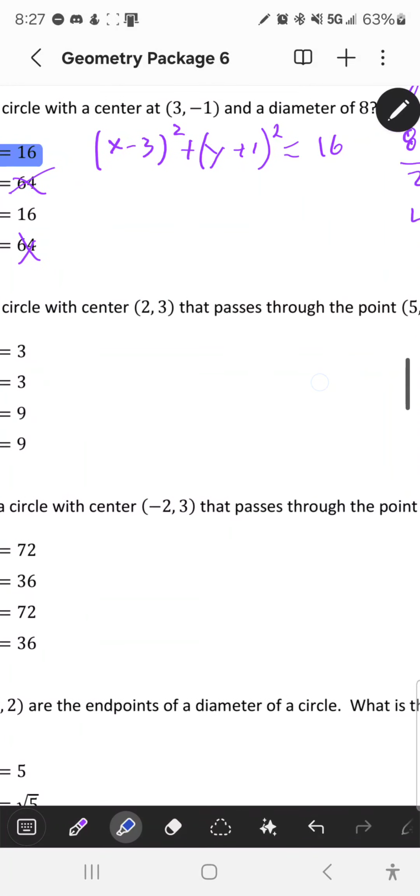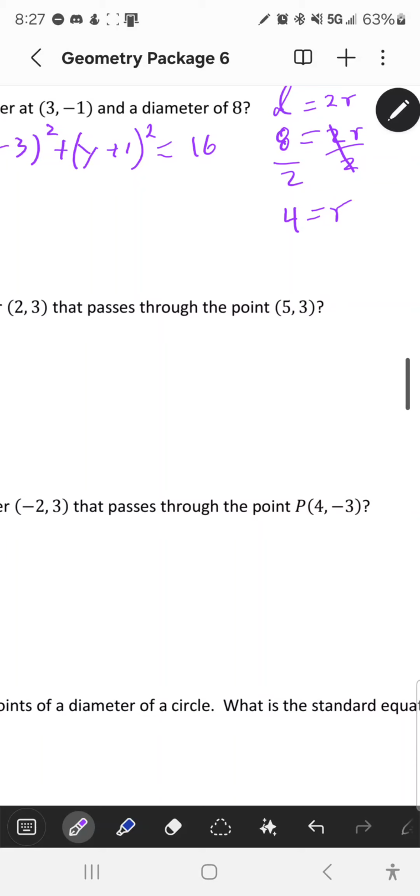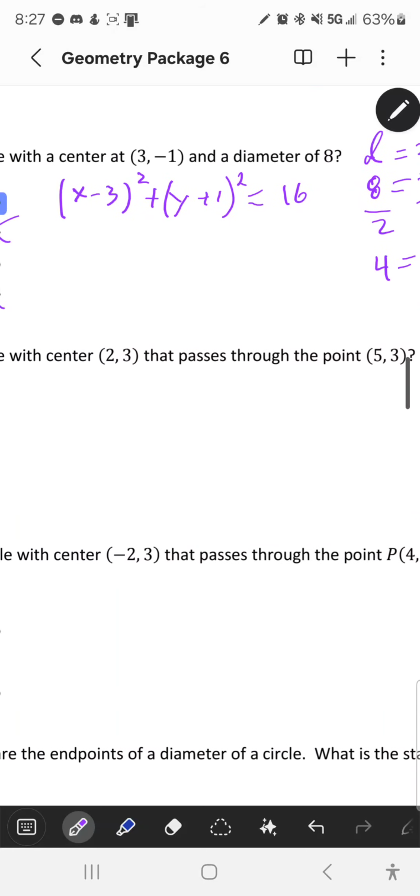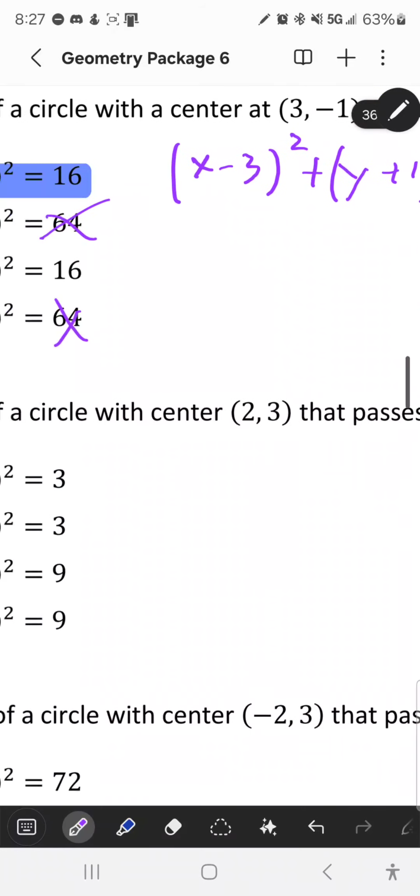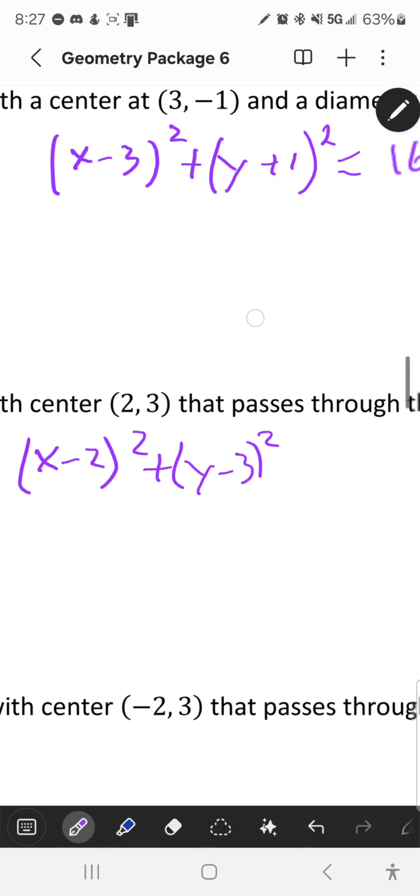Now for 41, we have the center. First of all, let's see the center, and now we'll calculate the radius. So I will say x minus 2 squared plus y minus 3 squared equal.